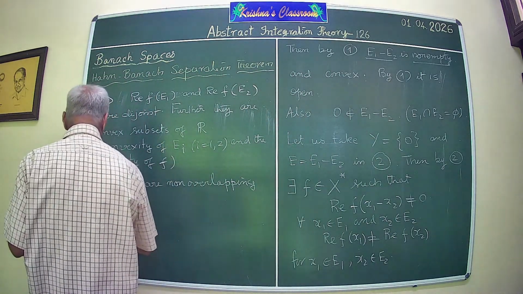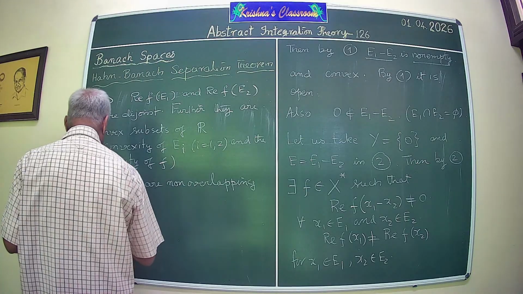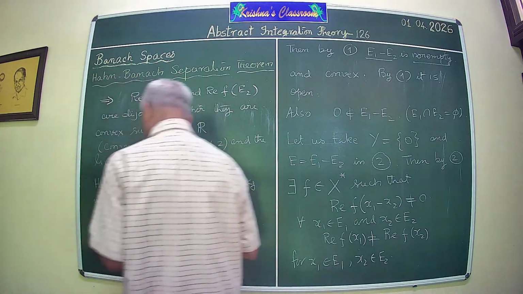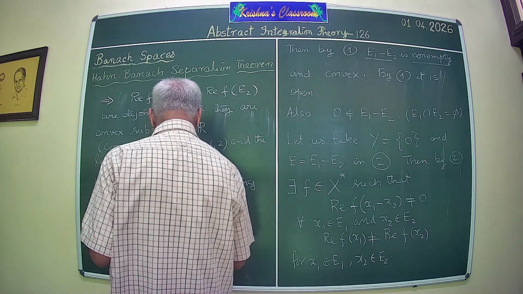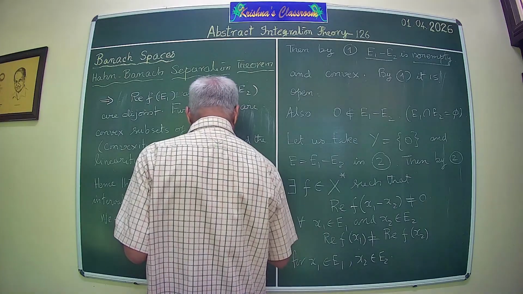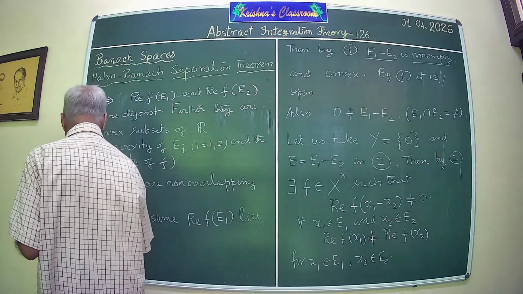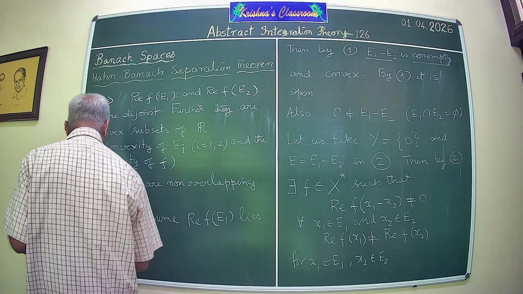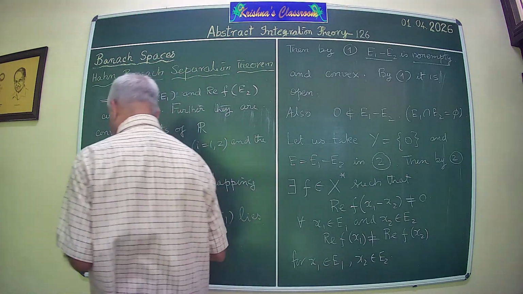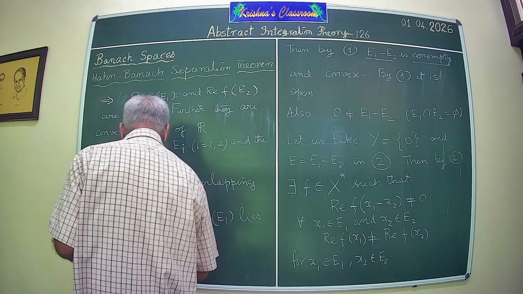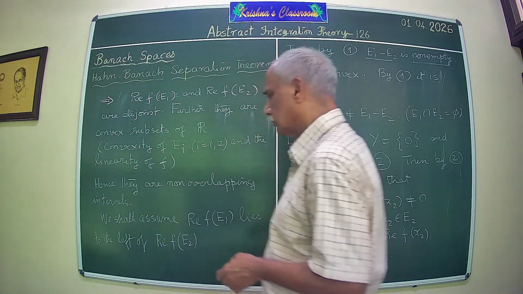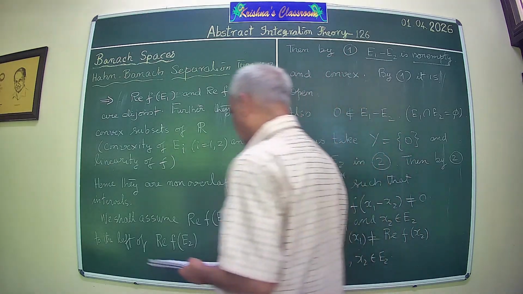Now we shall assume that real f of E1 lies to the left of real f of E2, without loss of generality.